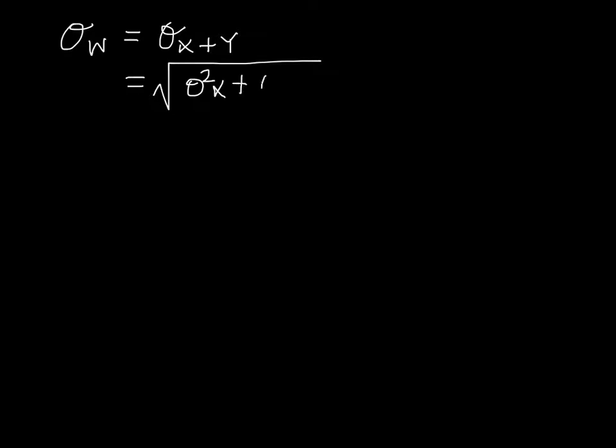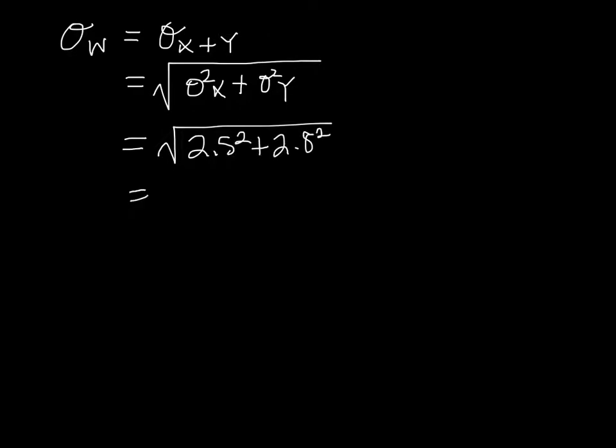So the standard deviation of W is the standard deviation of X plus Y, which is the sum of their variances, so the squares of the standard deviations, take their sum and then square root it to get it back into a standard deviation. So we have 2.5 squared plus 2.8 squared. Take the square root and you should get approximately 3.7537.